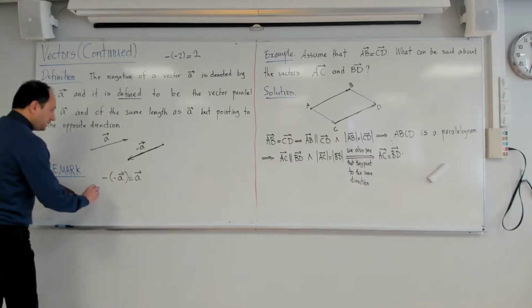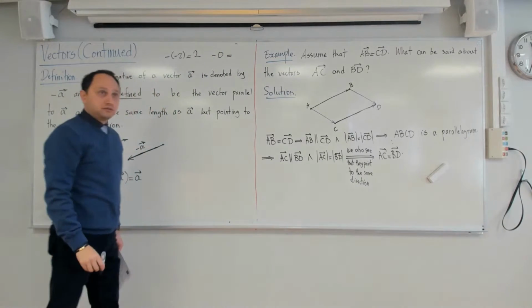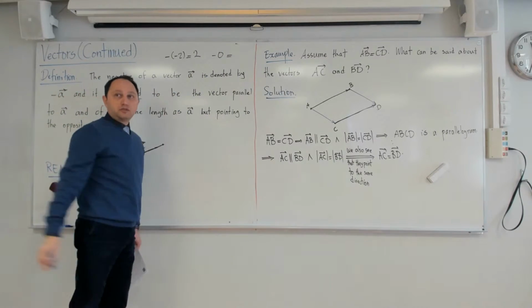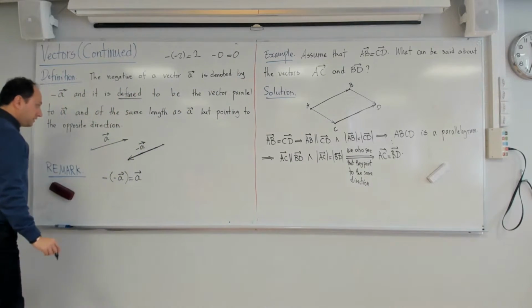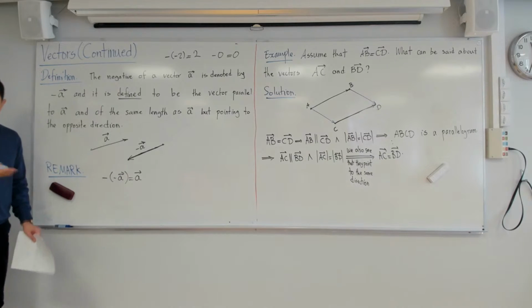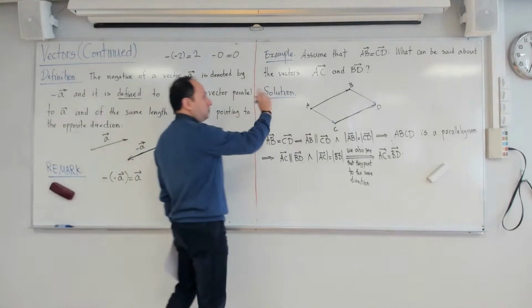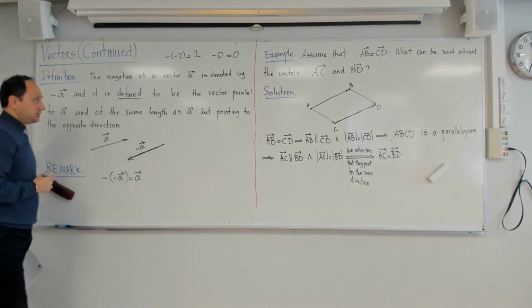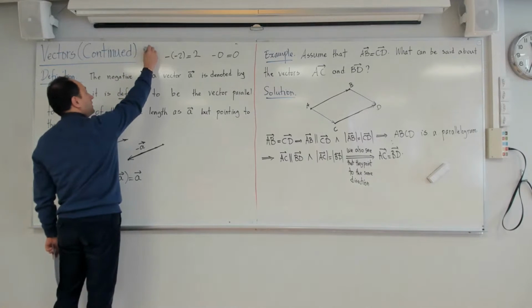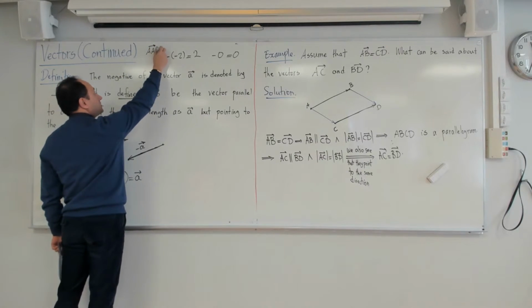Another thing is, what is negative 0 in numbers? It is just 0. Do you remember what the 0 vector is? The 0 vector is just a point. There is no direction. If I have a vector whose initial and final points are the same point, then that vector is called the 0 vector. For example, vector AA is 0, that's the 0 vector.